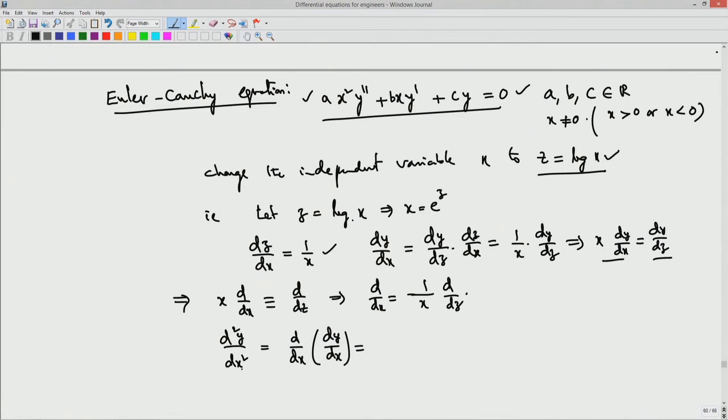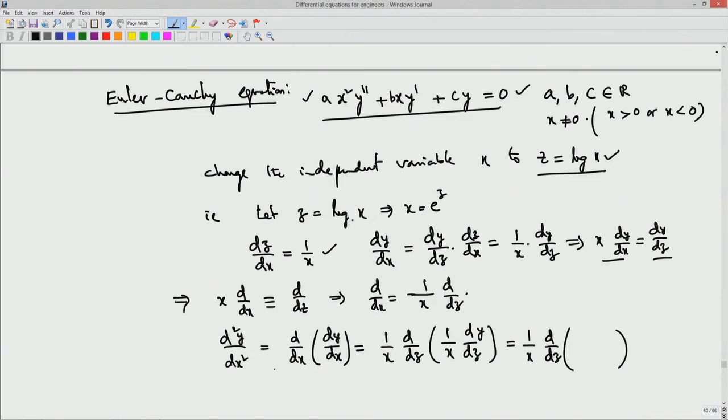So d square y by dx square is d dx of dy by dx. I can replace this with 1 by x d dz of 1 by x d dz of y. So this is 1 by x, d dz of, because you want everything as a function of z, 1 by x into dy by dz.